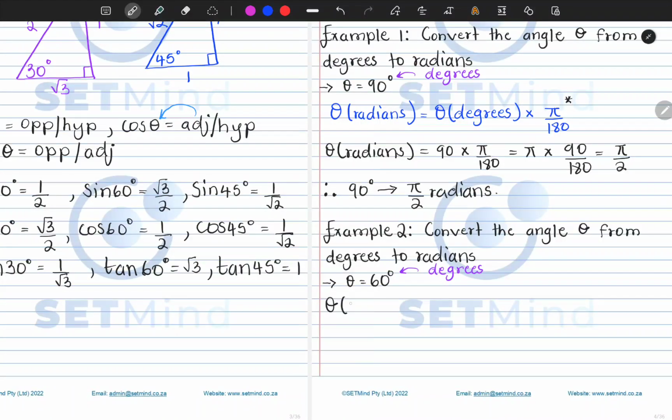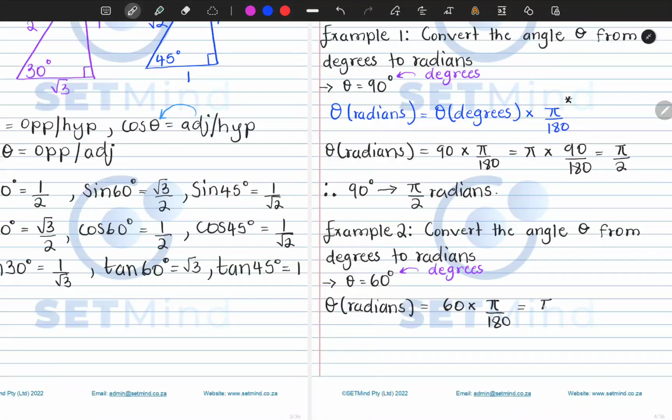So our theta in radians will simply be our angle in degrees, which is 60. Then we need to multiply by pi over 180. And you should come to a realization that 60 divided by 180 gives us 1 over 3.